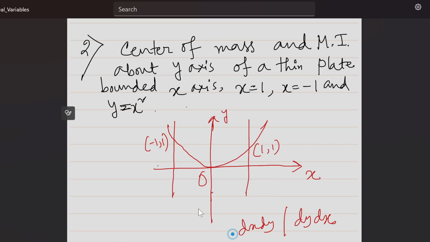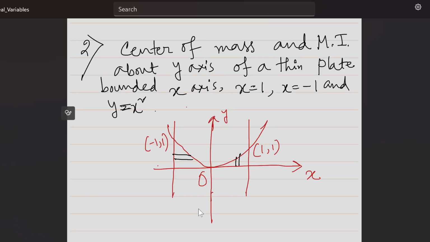Any idea? We can take both. Both, but suppose you take both. Suppose you take vertical, and in here you take horizontal. The problem is that if you take horizontal throughout, then you have to do two separate integrals.